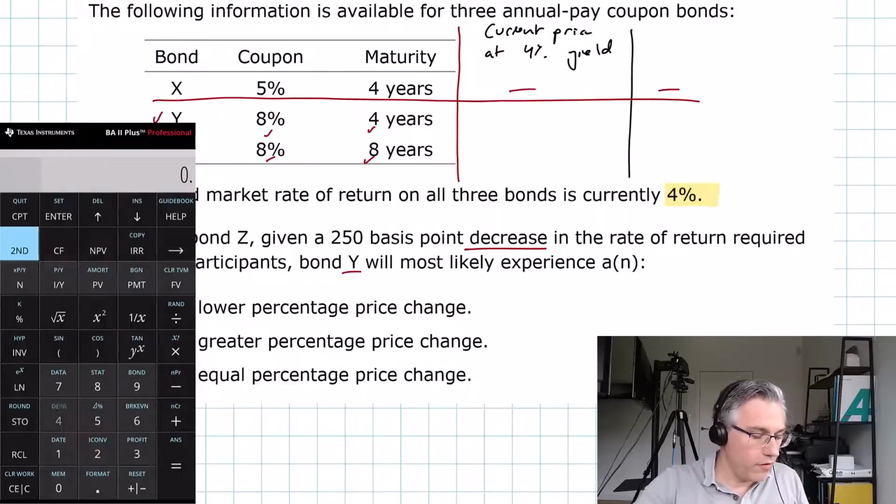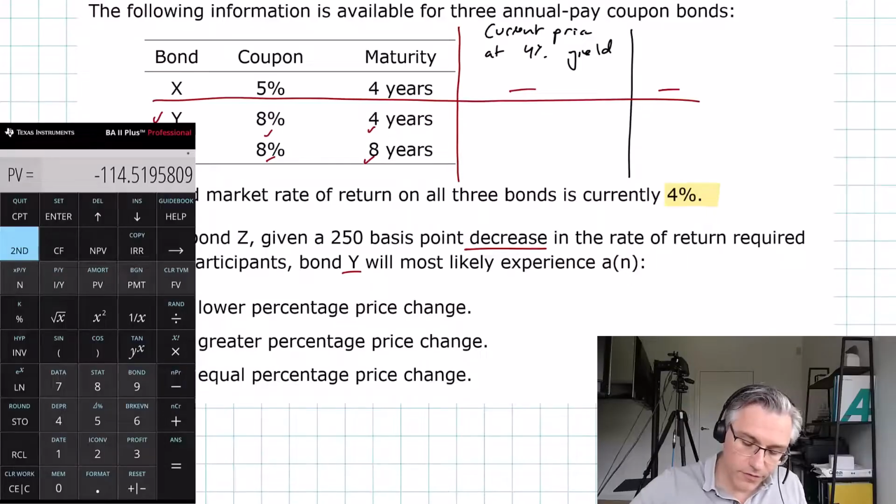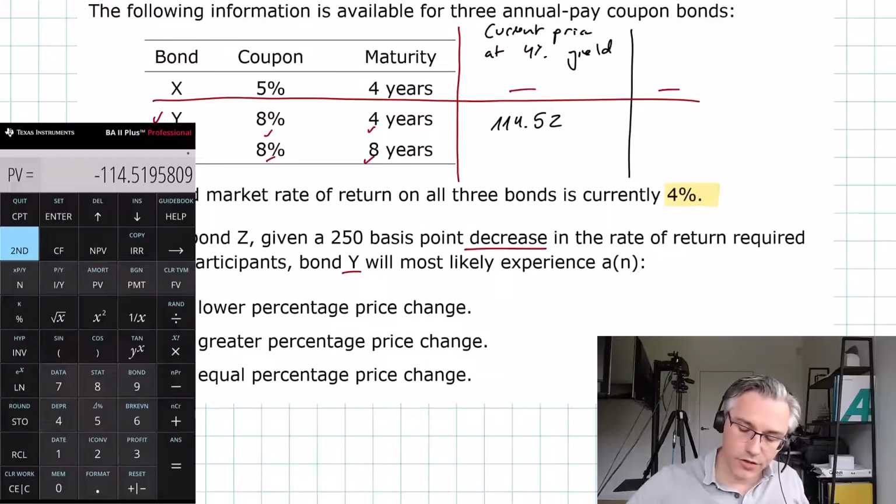So 4 for N, number of years, 8 for the PMT, that's the coupon, 4 for I/Y, 100 for FV, compute PV. The starting value for Y is 114.52. Let's see what happens if we change the yield.